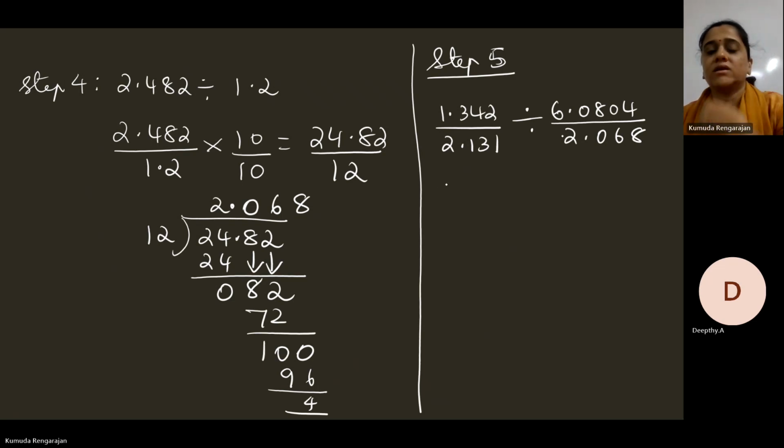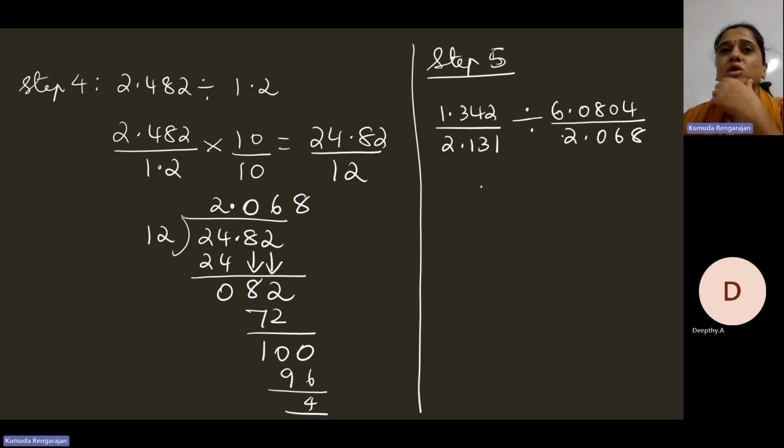Next, can we shift the decimal point in the numerator and the decimal point in the denominator? 1 2 3, 1 2 3. Yeah. Multiply the numerator and denominator by 1000.